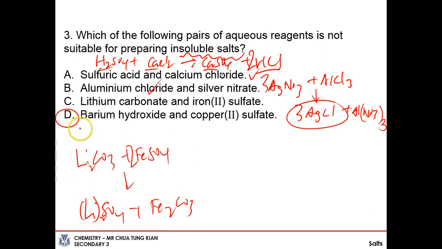Then you take a look through and you realize that your iron carbonate is insoluble in water. This is the salt you want. This is soluble, this is soluble, this is soluble as well. So all three are soluble except the iron carbonate. So you can obtain the insoluble salt easily by filtration.